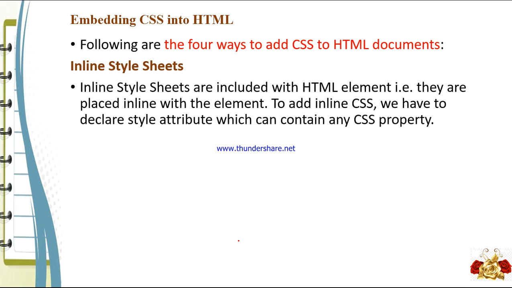Inline style sheets are included with the HTML element, so they are placed inline with the elements. To add inline CSS, we have to declare the style attribute, which can contain any CSS property.